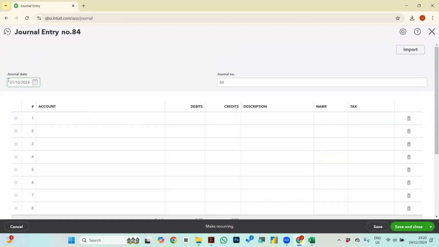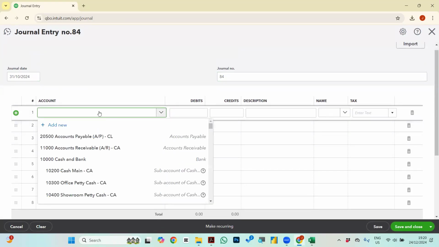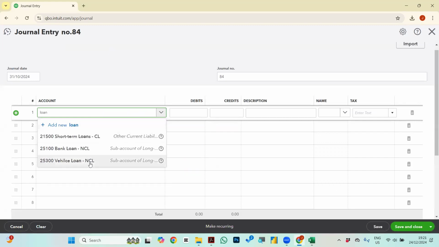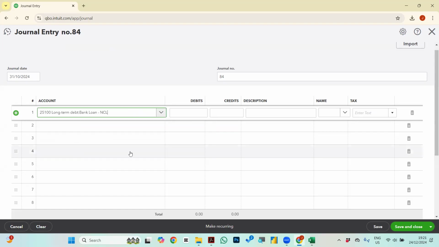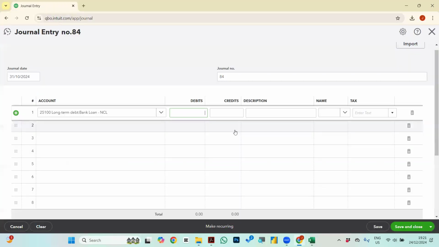In the journal entry, on 31st October, I'm going to use the loan account. It's not a short-term loan. This is a bank loan, right? Bank loan debit. How much? It's going to be the principal, so I'm going to put the principal here.